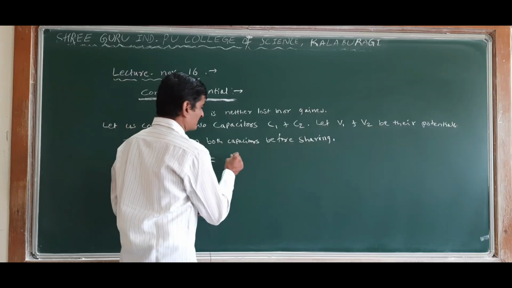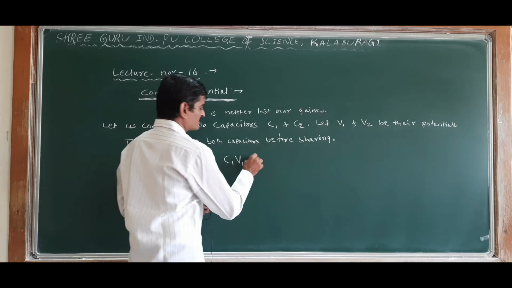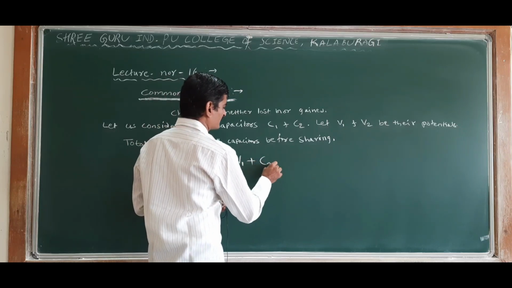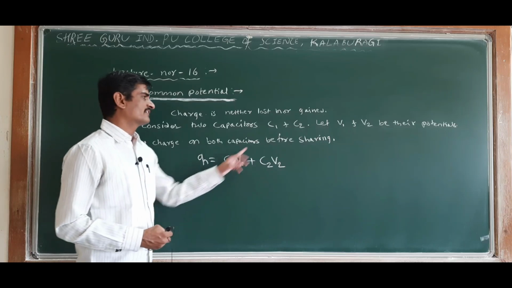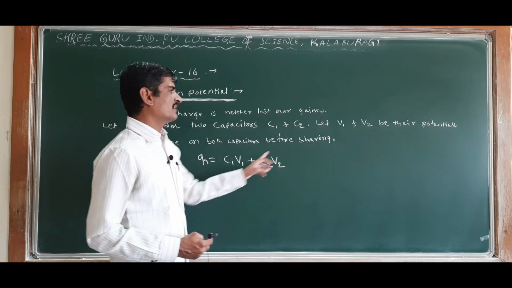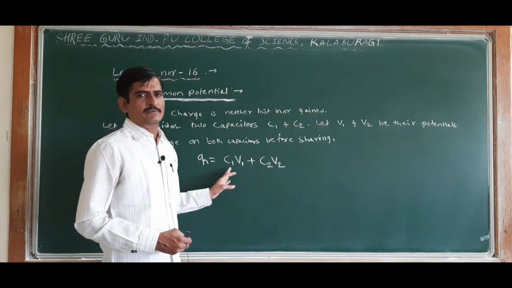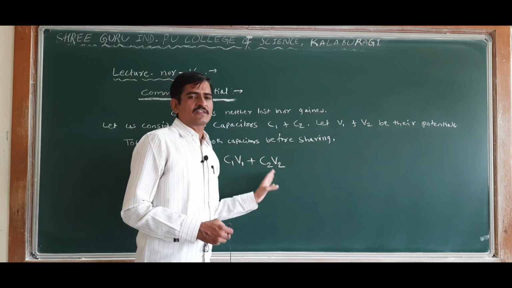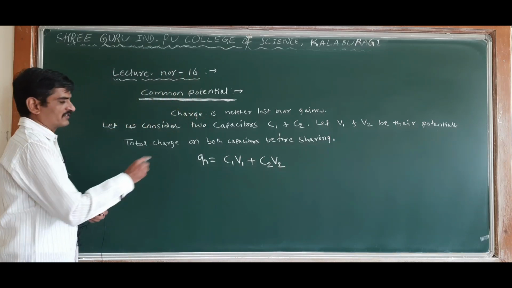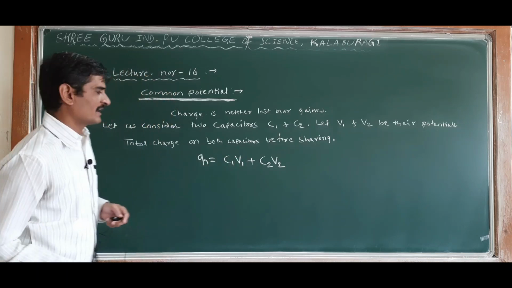Q1 can be written as C1 V1 and Q2 as C2 V2. C1 is the capacitance of the first capacitor and V1 is the potential to which it is charged, and V2 is the potential to which the second capacitor is charged. This is the total charge on both capacitors before sharing.